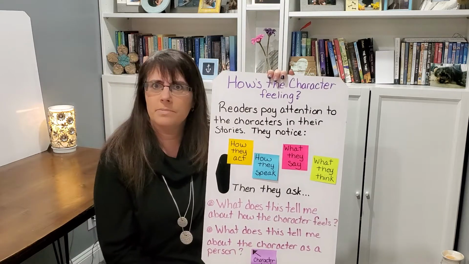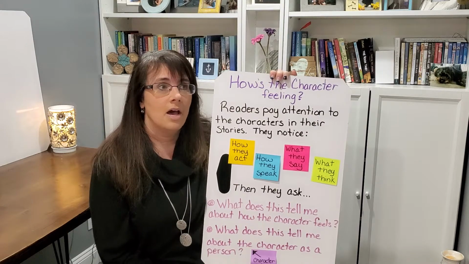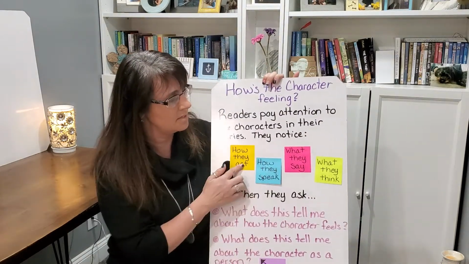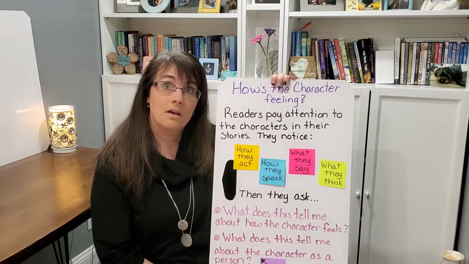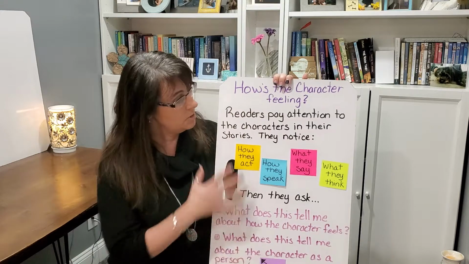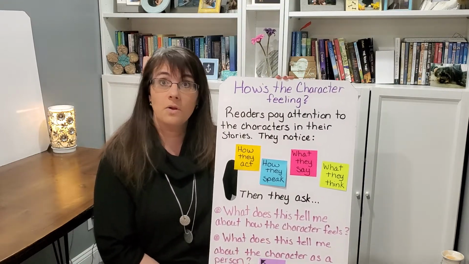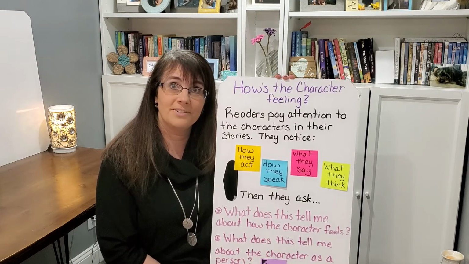Are they a mean person? Are they somebody who is dishonest? What kind of a person are they? So if we think about all of these things, it gives us some insight into some character traits of that person. So when you put all of this together, it really helps us understand our character. And you know that once you understand your character, you can understand your book a whole lot better too.